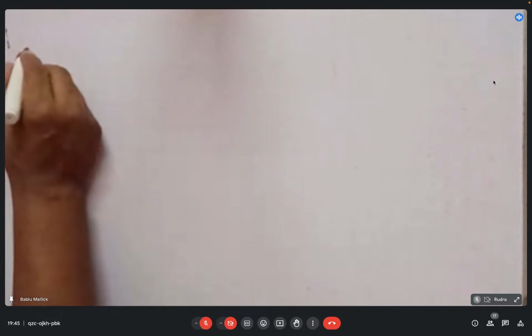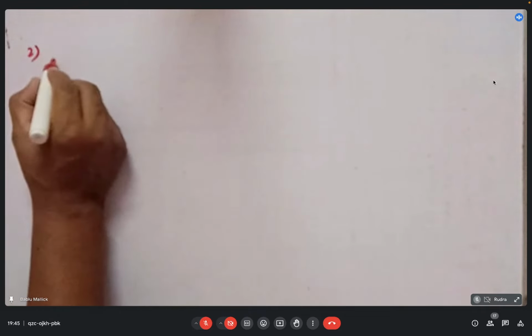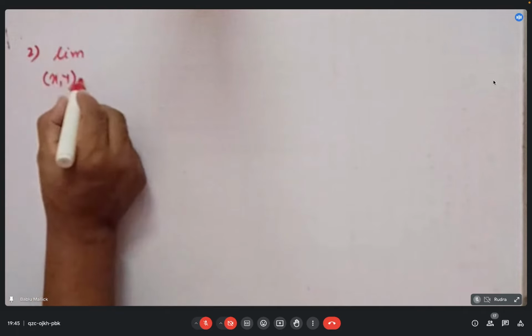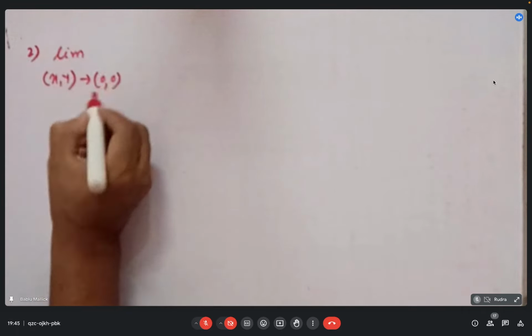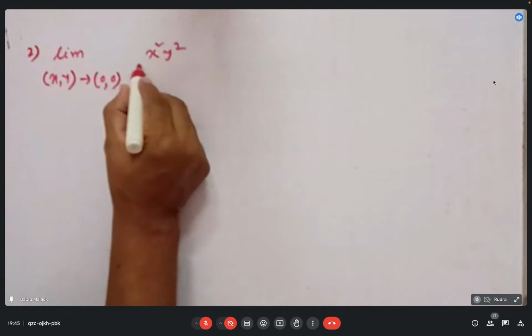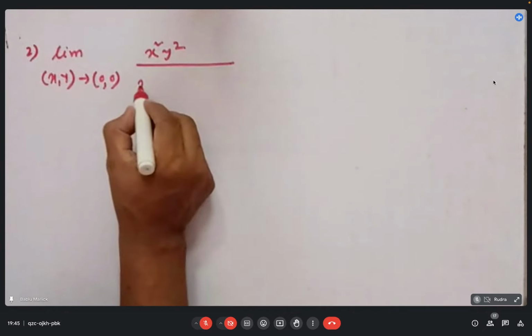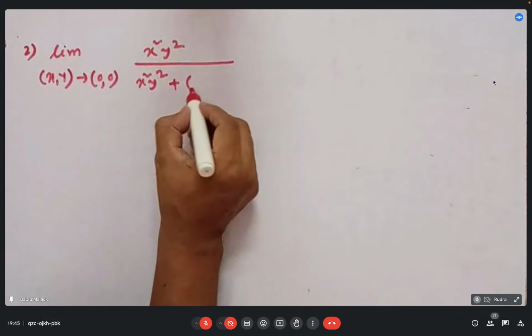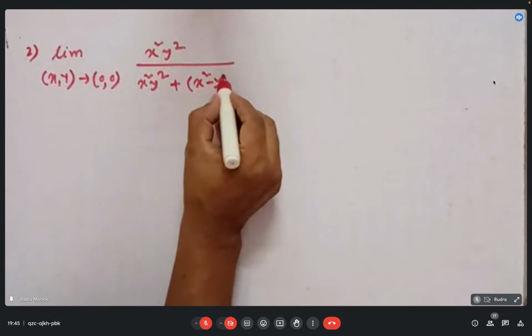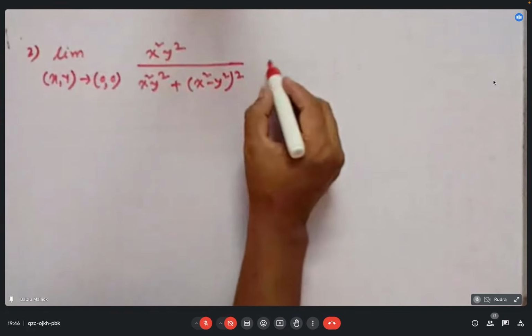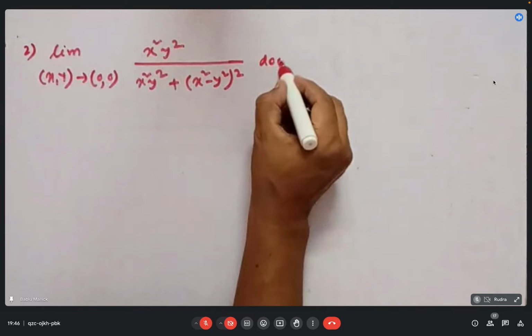Number 2, this is your homework. Show that the limit as (x, y) tends to (0, 0) of x square y square divided by x square y square plus (x square minus y square) whole square does not exist.